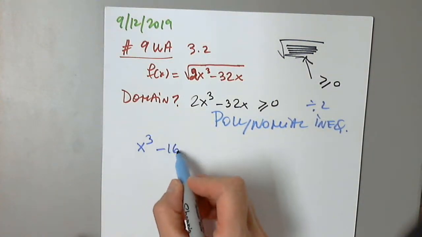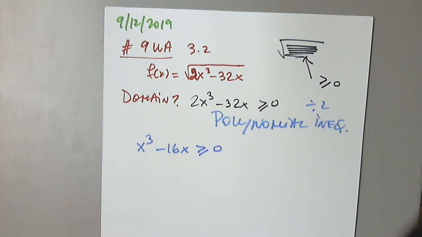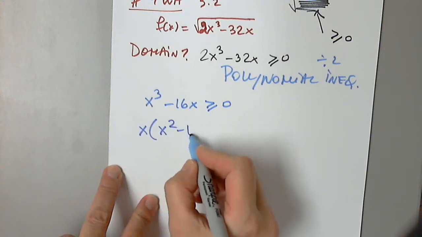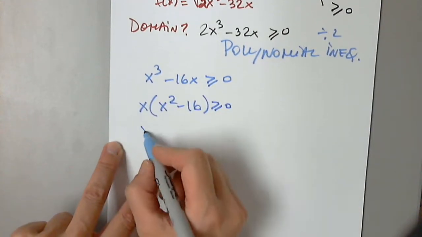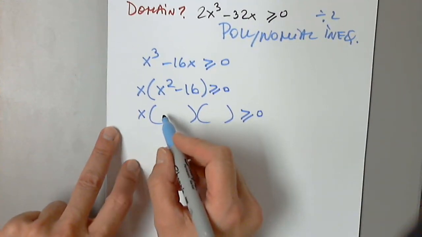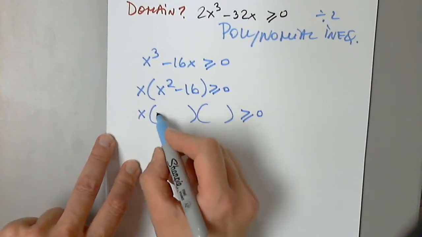It's x cubed minus 16x greater than or equal to 0. That will not affect the answer. Now, of course, I will factor x, and then I have x squared minus 16, and then I will continue factoring, and we know how. x minus 4, x plus 4. Excellent.